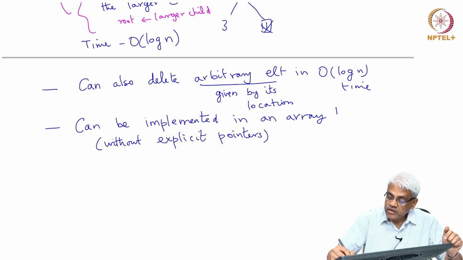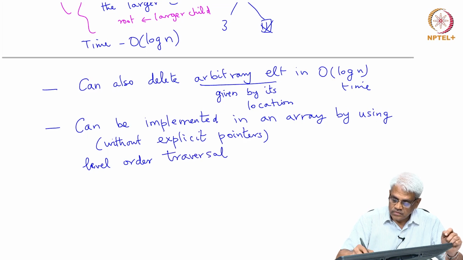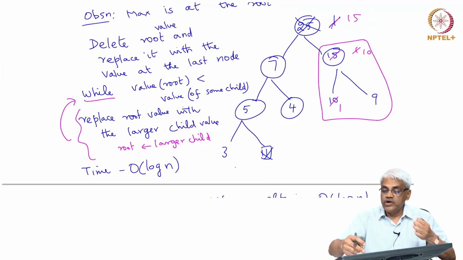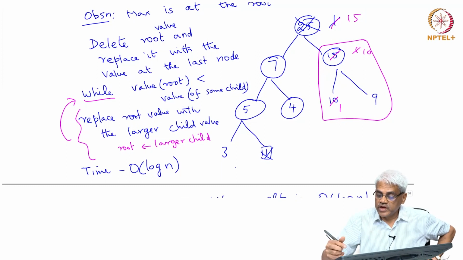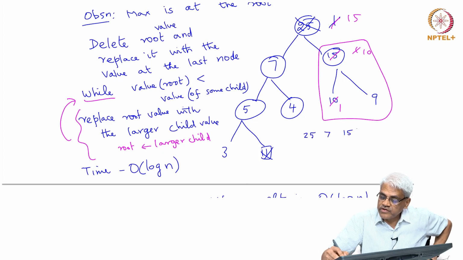By using level order traversal of the heap, what that means is, for example, if I do a level order traversal of this heap, do you recall that you just visit level by level. So I'll have 25, 7, 15, 5, 4, 10, 9, 3, 11.